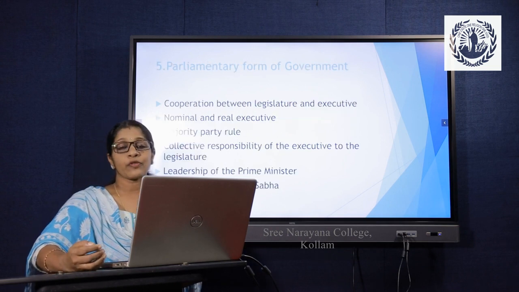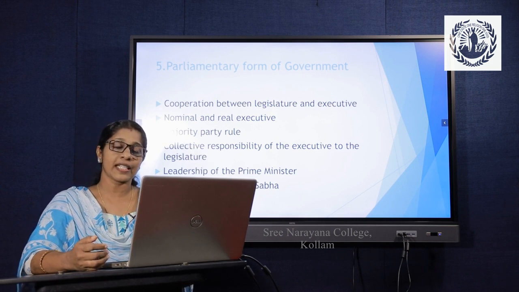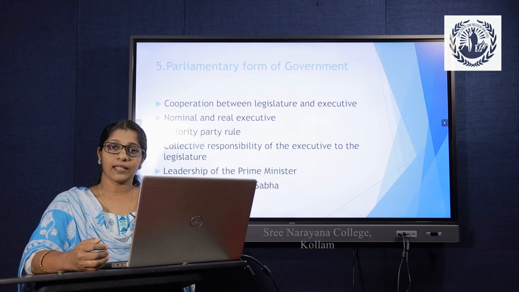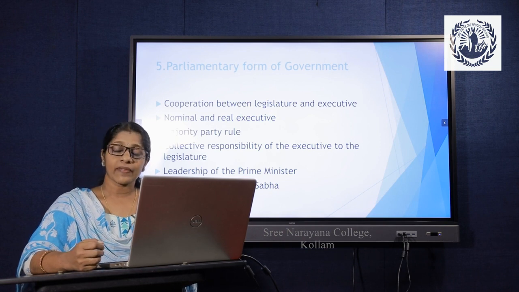Next is parliamentary form of government. The feature of parliamentary system of government is that there is a coordination between legislature and executive. The parliamentary system of government in India is characterized by some things like there is nominal executive and real executive.